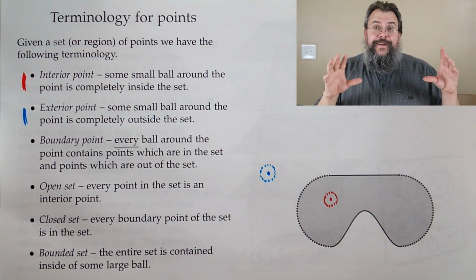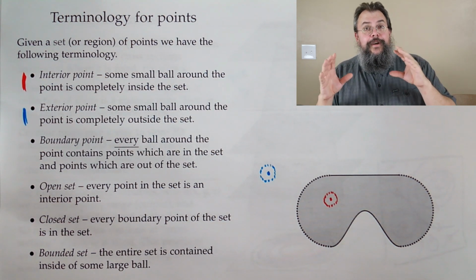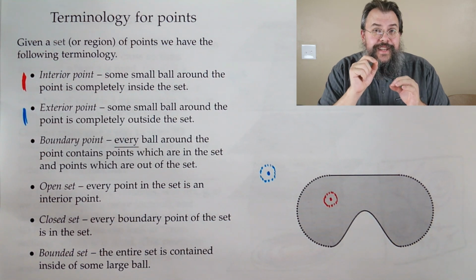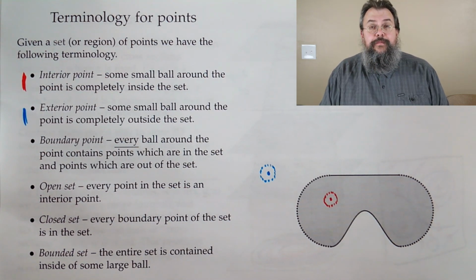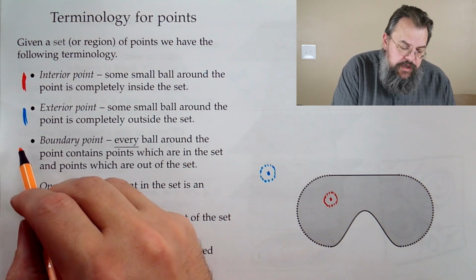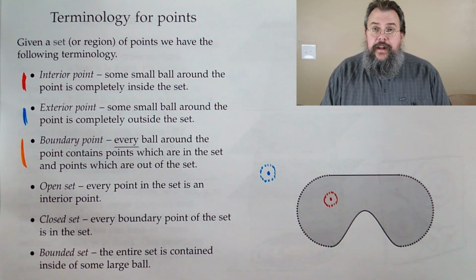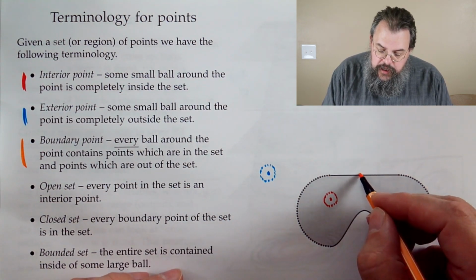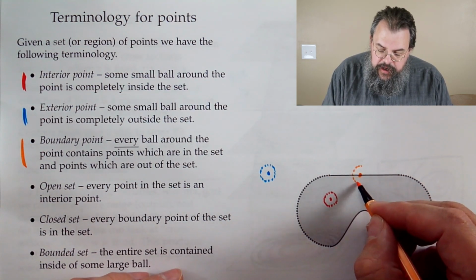Now, there's the interesting thing. Okay, you're in, you're out, or you can be on the edge. We call that the boundary. So what's the boundary point? Well, boundary just says, look, I'm not in and I'm not out. But no matter how small I draw, I always hit a little bit of both.